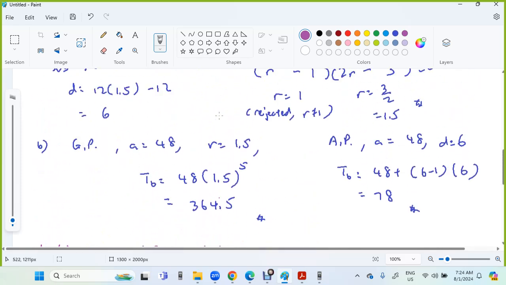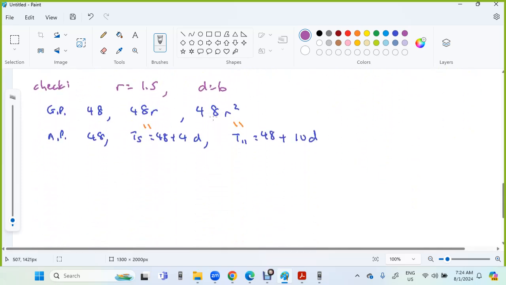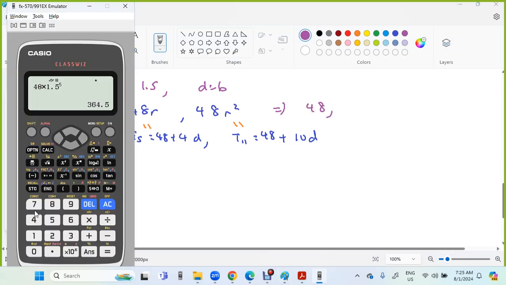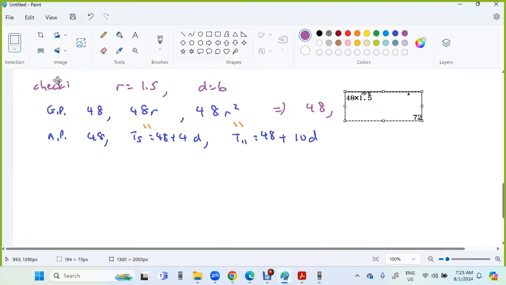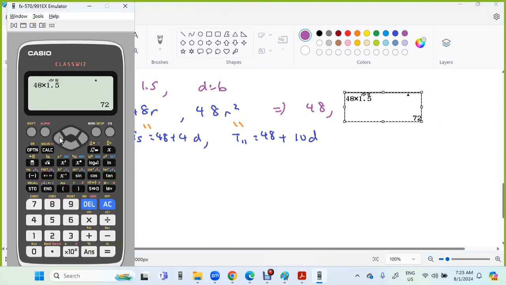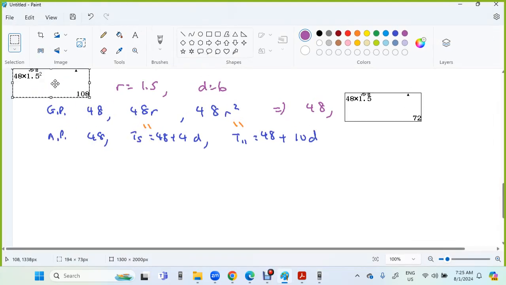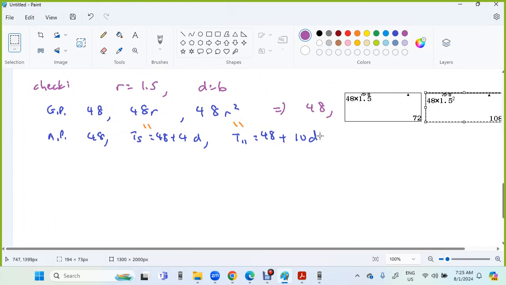So the GP will become 48, and then 48 times 1.5, which is 72, and then 48 times 1.5 squared is 108.